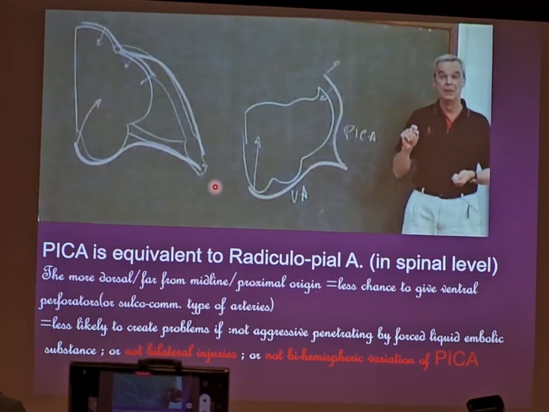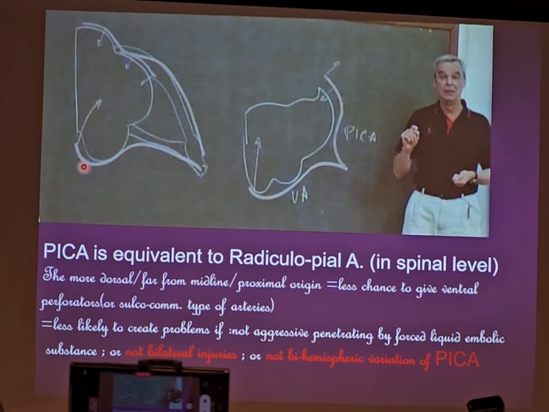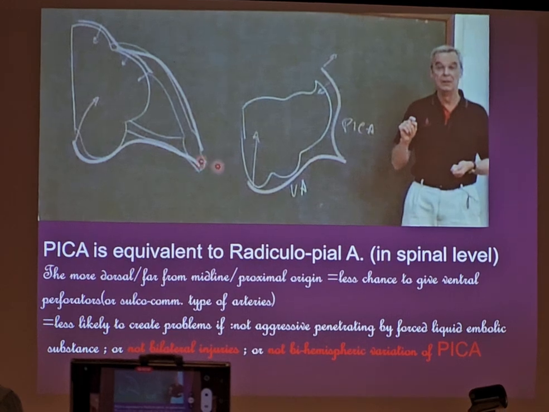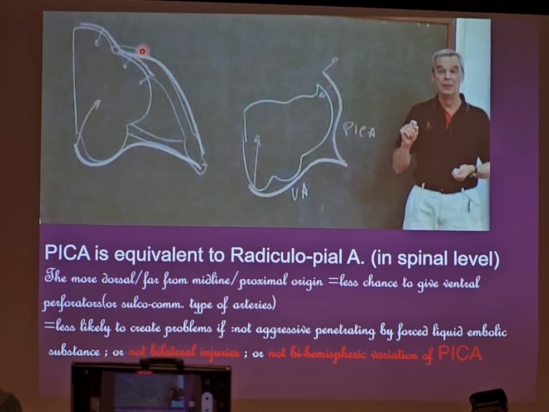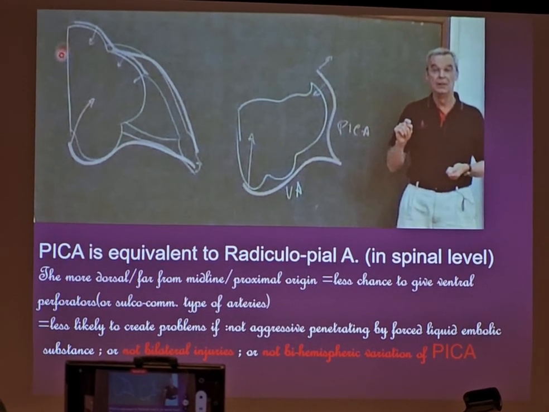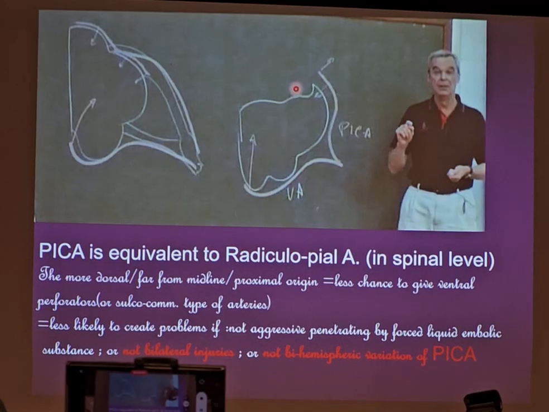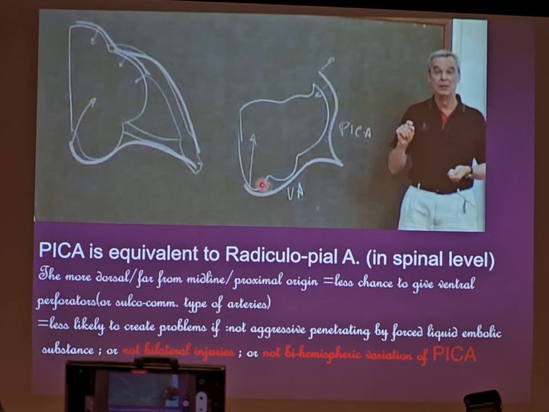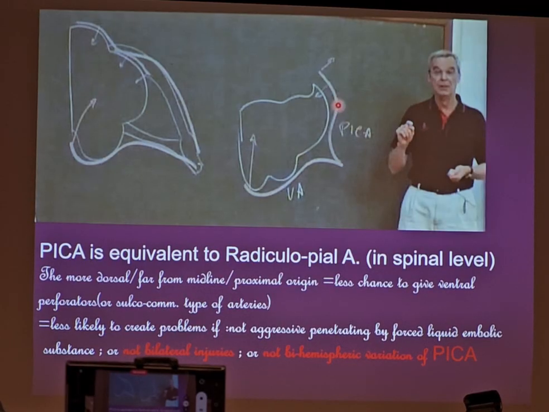We know that the ventral system gives important ventral perforators, while the dorsal system usually gives circumferential, lateral types. And this is equivalent between the spinal and cranial vertebral junction: the vertebral artery, the ventral system, and PICA is a kind of giving rise to this circumferential.